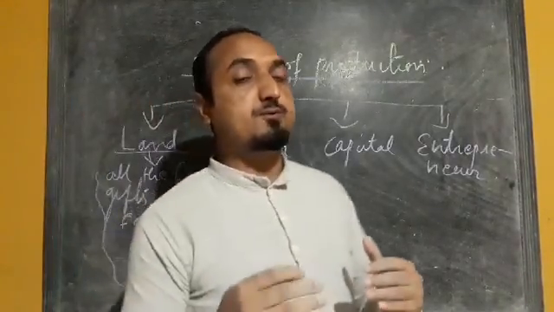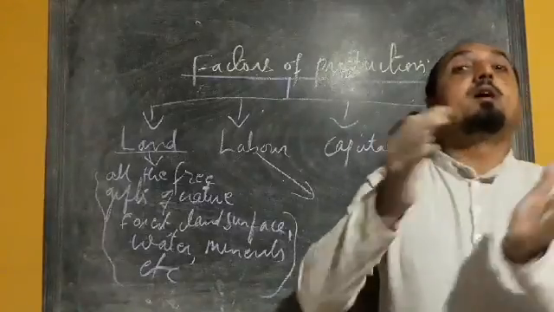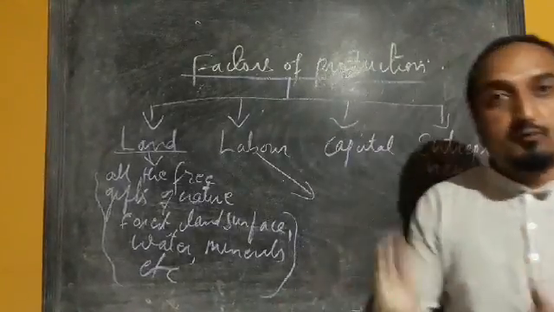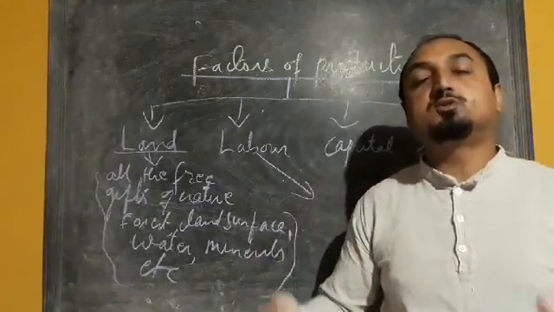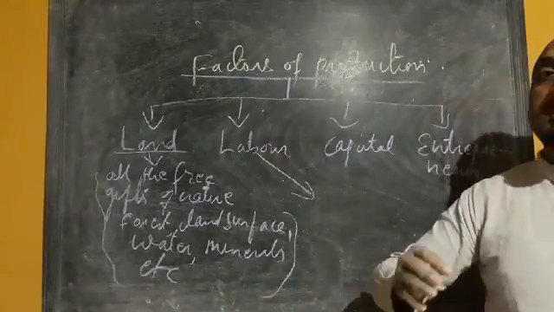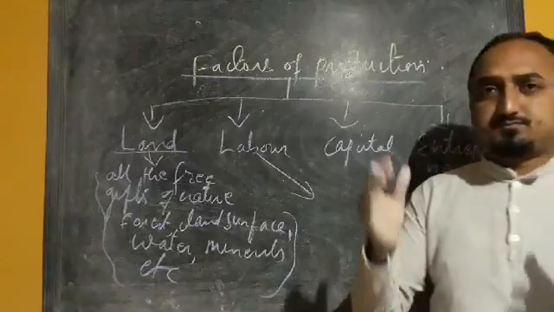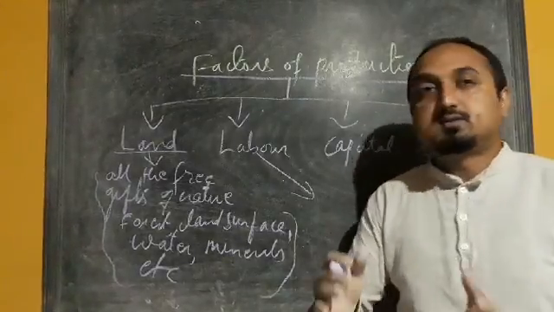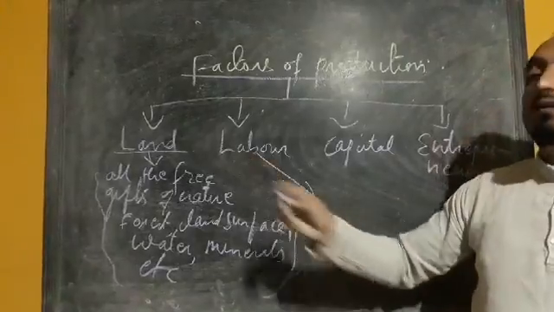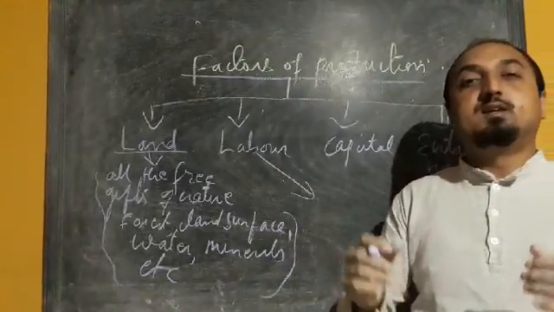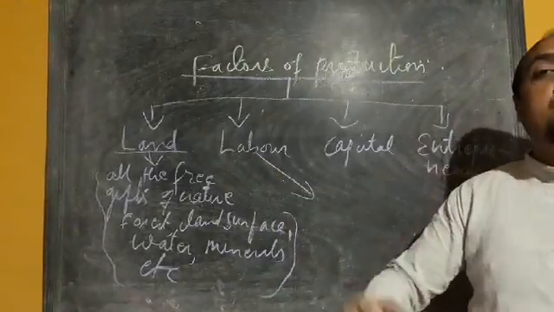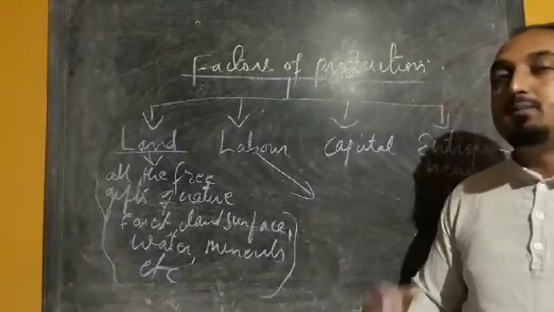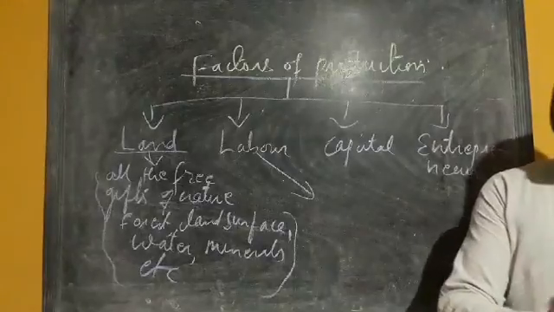Labor is defined as human effort, both physical and mental effort involved in the production process. Some labor is skilled, unskilled, and some semi-skilled. The labor who is using his physical power to complete his work or contributing in the production process can be considered physical labor.